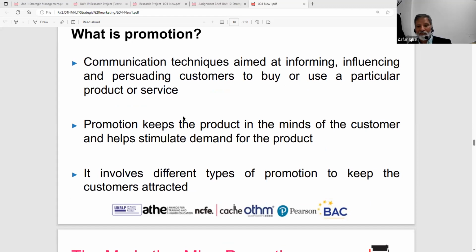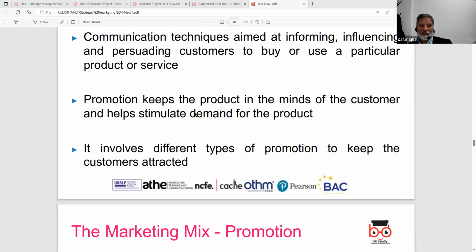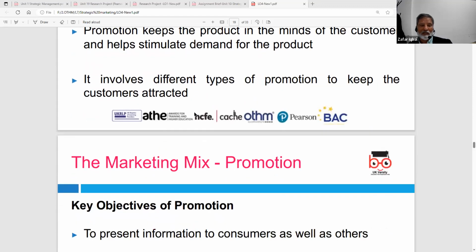Promotion also keeps customers aware of the product, and it creates attractiveness for the customer. They are attracted to the sellers and to the product, and it creates a kind of relationship. It builds up CRM, customer relationship. So promotion is very effective in that sense; it keeps people in mind.